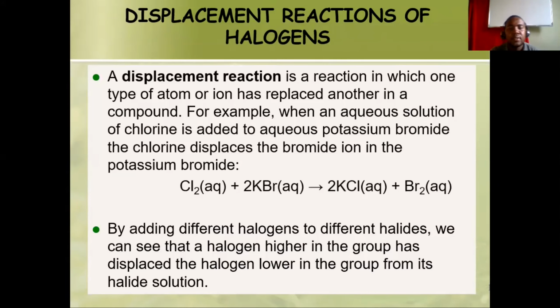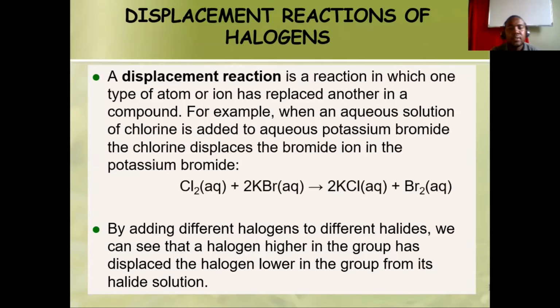So we know that halogens are oxidizing agents, and we know group 2 elements are reducing agents, right?